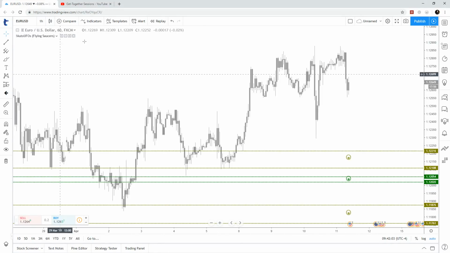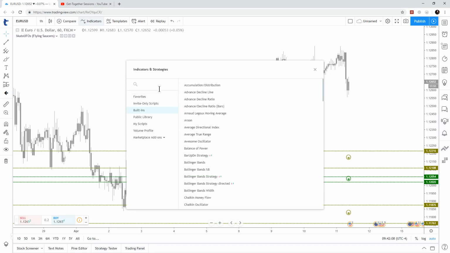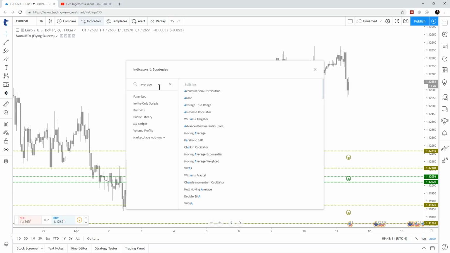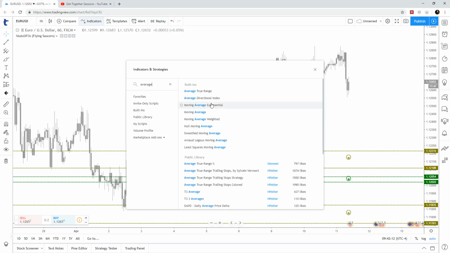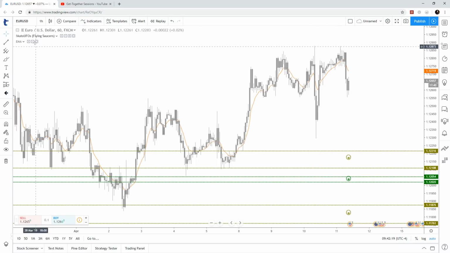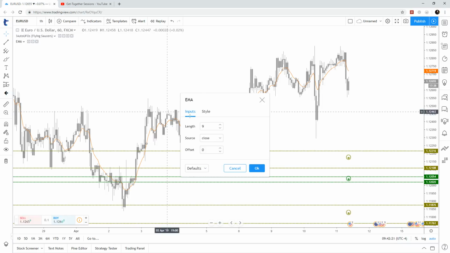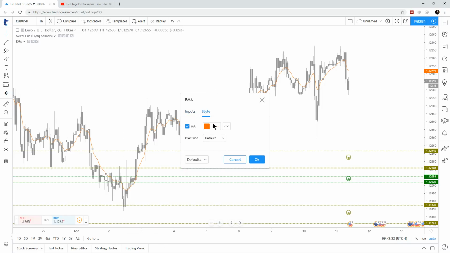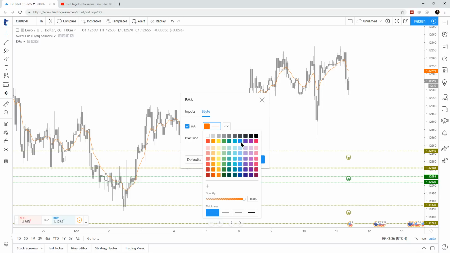And what you would want to do is add a moving average. You would want it to be exponential. The standard default for the average, as you can see, is 9. It would be nice, maybe I'm going to make it purple, just like what we have in TradeStation, so that way it looks similar. Maybe we make it just a little thicker, so it looks a little clearer, okay? And that's it, we have it.